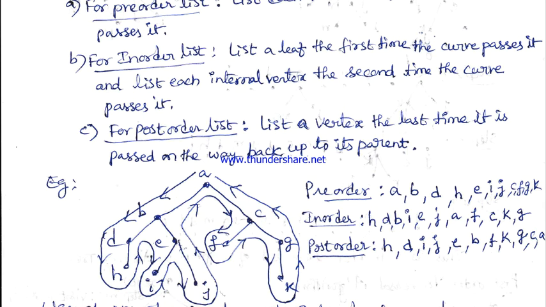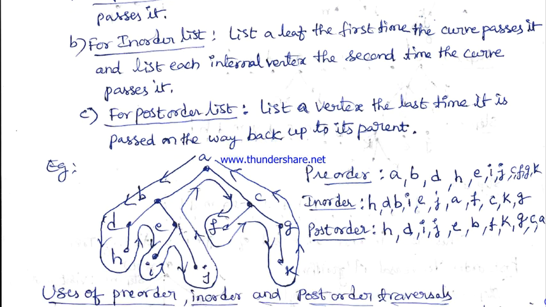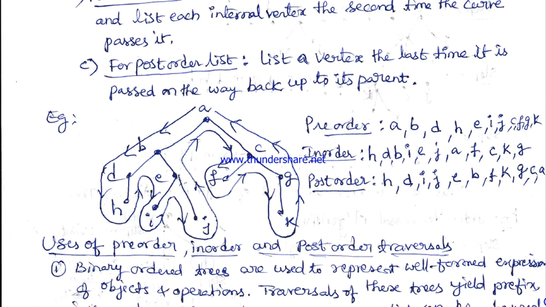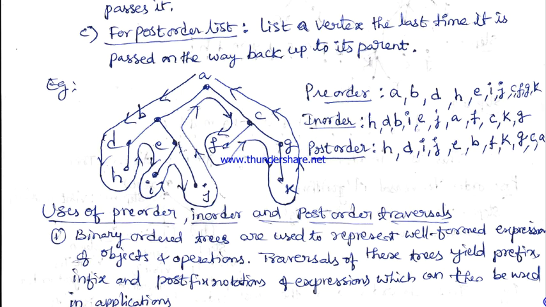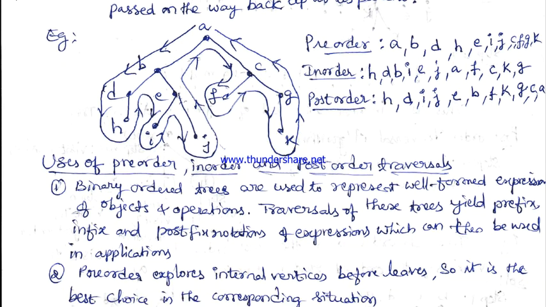Now the post order traversal list is H D, I J, E B, F K, G C, A. Now let us see the uses of the pre-order, in-order and post-order traversals.